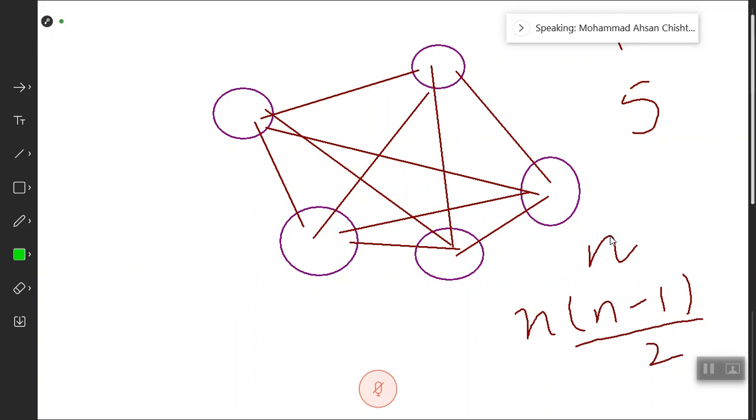So here we have 5 nodes, so 5 into 4 is 20, divided by 2. That would be approximately 10 links between these. 1, 2, 3, 4, 5, 6, 7, 8, 9, 10. We'll have these many possible connections or links.